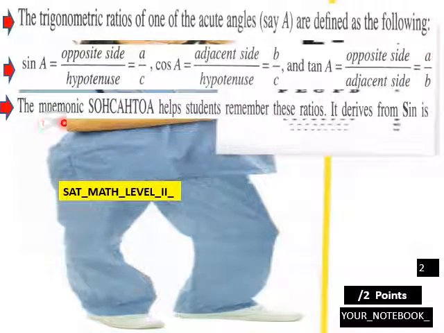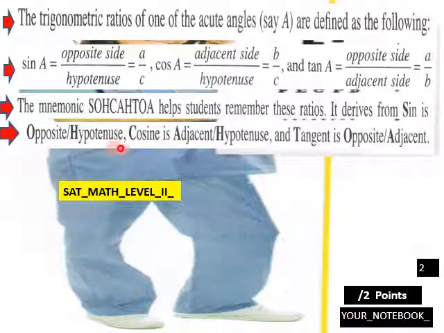The mnemonic here is SOHCAHTOA, which helps students remember these ratios. It derives from sine is opposite over hypotenuse, cosine is adjacent over hypotenuse, and tangent is opposite over adjacent.